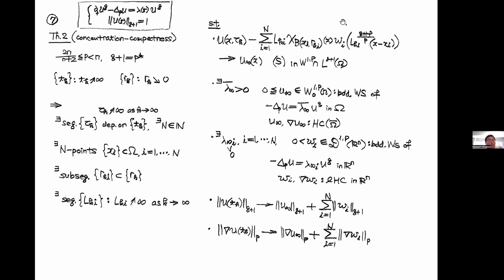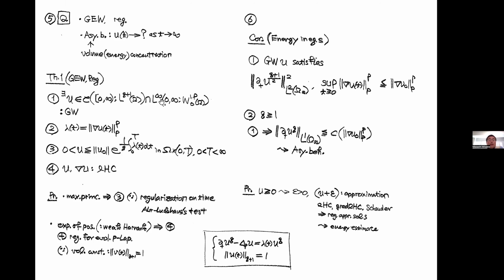Also, our weak solution satisfies the following energy inequality. The L2 norm in time of the time derivative of u to the power (q plus 1) over 2 is bounded by the initial p-energy. And the essential supremum in t of the p-energy is also bounded by the initial p-energy.